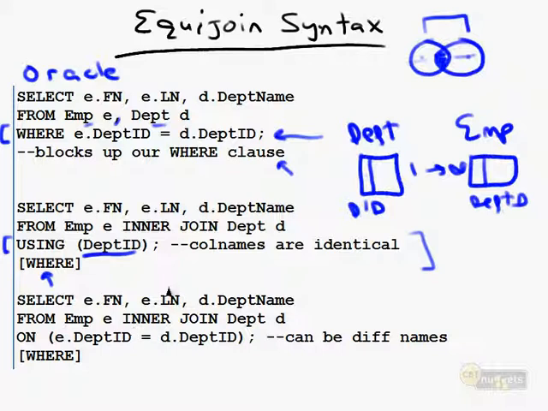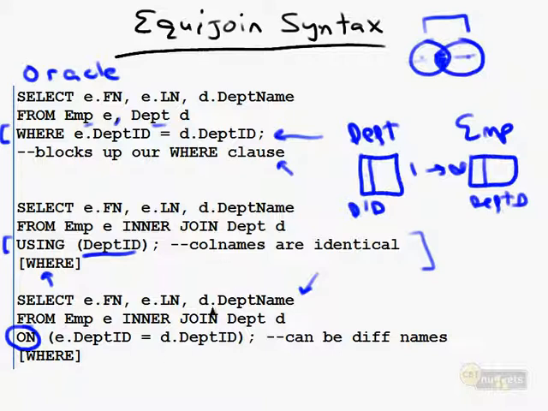Finally, our second variant on ANSI ISO equijoin syntax, first two lines are exactly the same, but instead of using the using clause, we can specify on. Now, in my experience, this is what I tend to gravitate toward just on a daily basis. I'd be interested to know what your thoughts are on that.